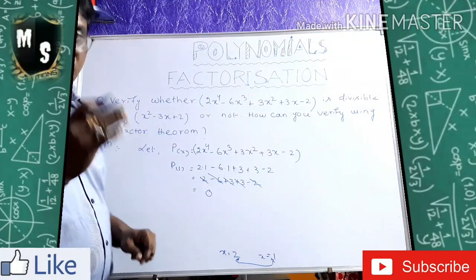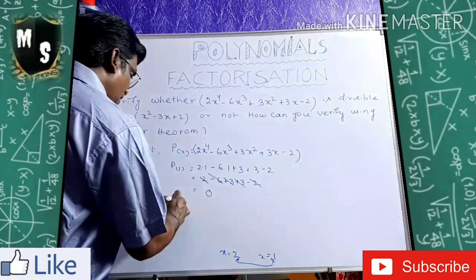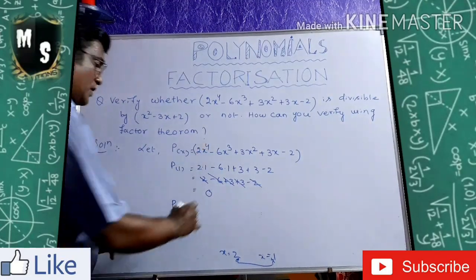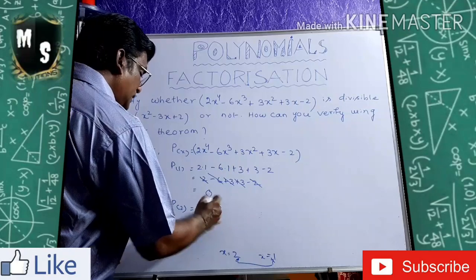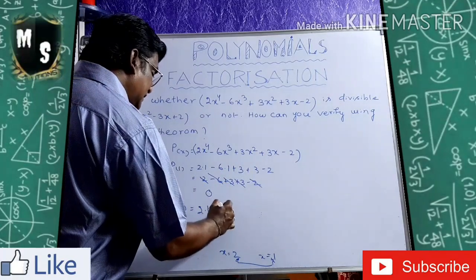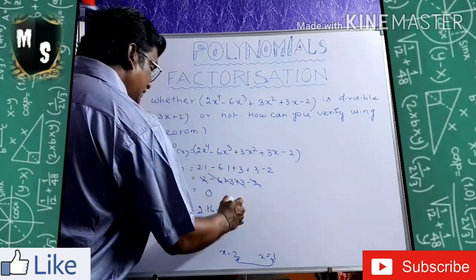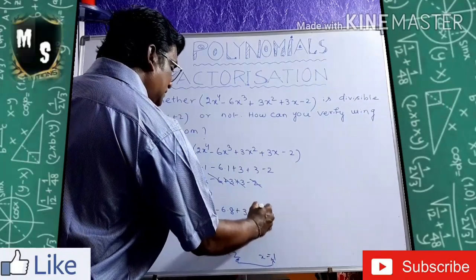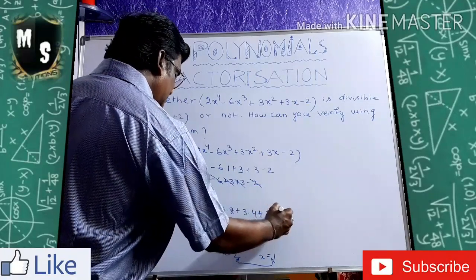Then I want to put in p of 2. P of 2, you see. Let's put it. 2 into 2 to the power 4. 2 into 2 to the power 4 is 2 twos are 4, twos are 8, twos are 16, so 32. Minus 6 into 2 to the power 3, 8. Plus 3 into 2 to the power 2, 4, plus 3 twos are 6, minus 2.